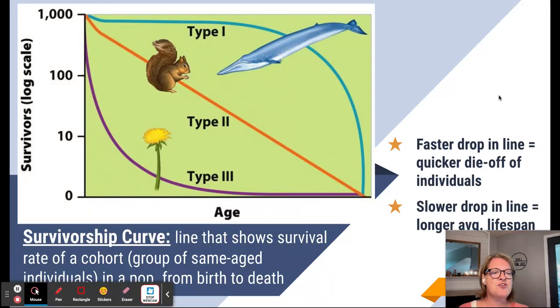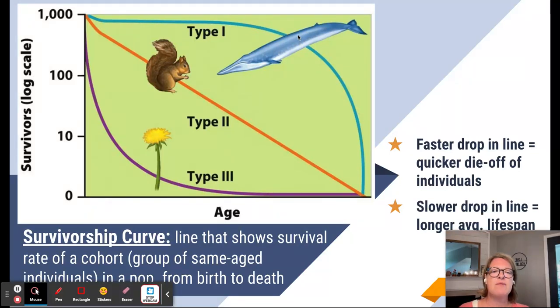A faster drop in the line, as we can see here, means a lot of survival over a certain age period. Then as the population ages, the death rate starts to increase, because over here, this is the number of survivors on a logarithmic scale.